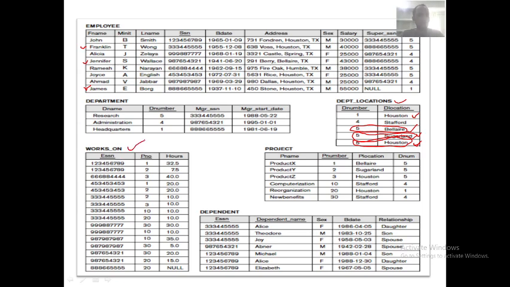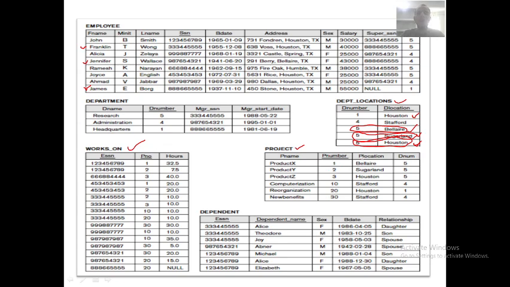Works on. Before moving to works on, I'll cover this project. So project is an entity. Now P name, P number, P location, and department number. P name is the project name, and every project will have a unique number, that is the primary key here, the key attribute.